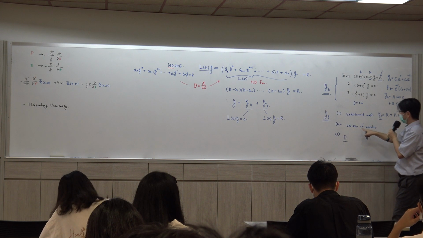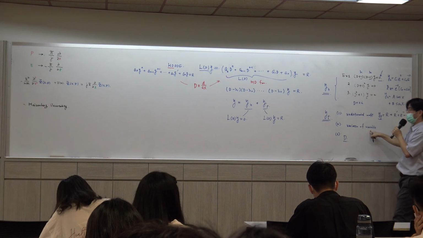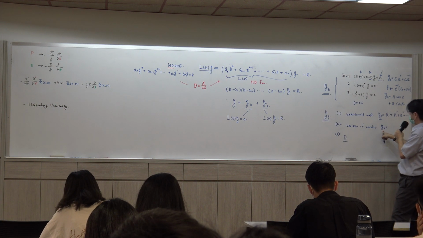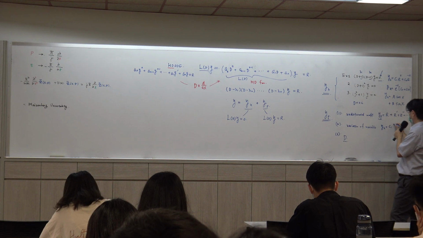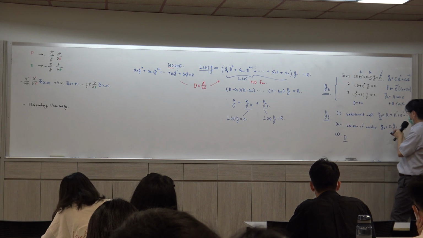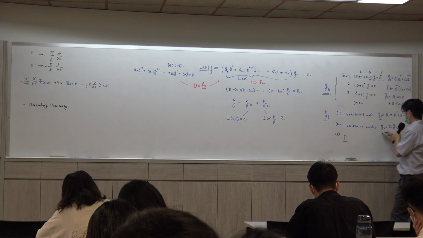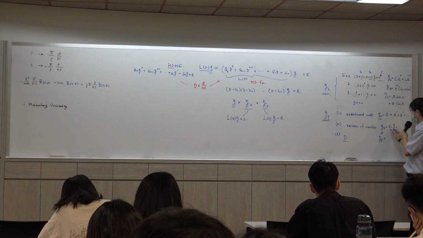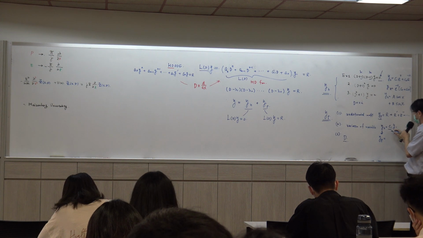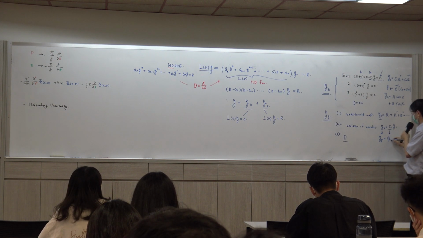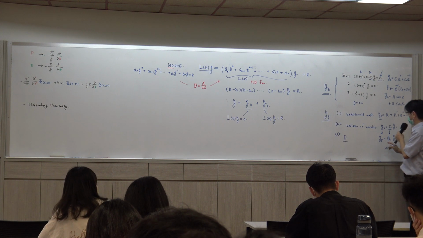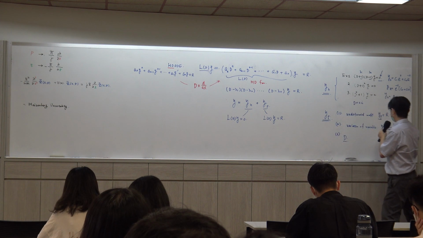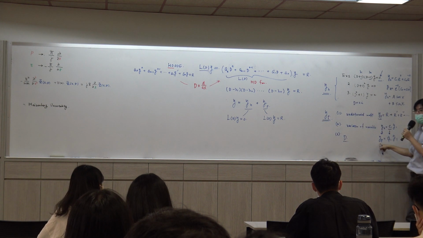And variation of variables is based on having a homogeneous solution, for example C1 Y1, and then you use the homogeneous solution to get the YP. So you turn the constant C1 into a function of Y1. Then plug it into the high order ODE, then you can get the YP.